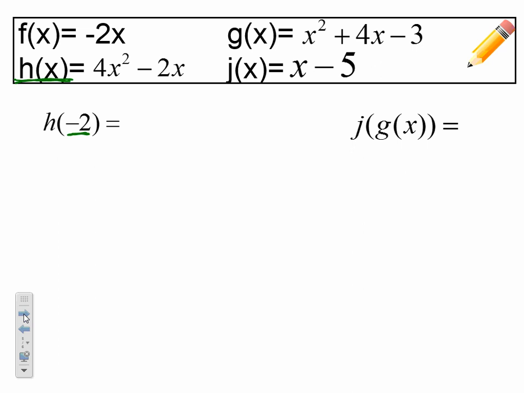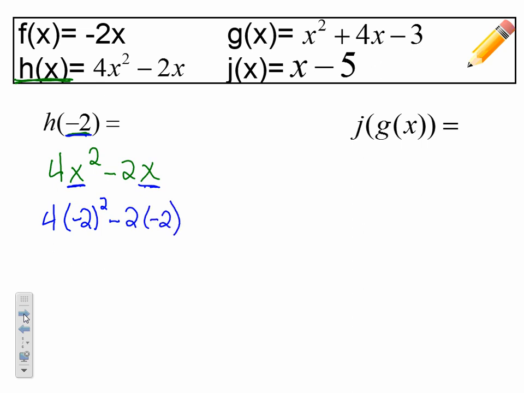That's the function we're going to work with, and so I'm going to write down 4x squared minus 2x. Now I have to replace the x's with the negative 2. So I have 4 times negative 2 squared minus 2 times negative 2. Now I'm going to simplify this.